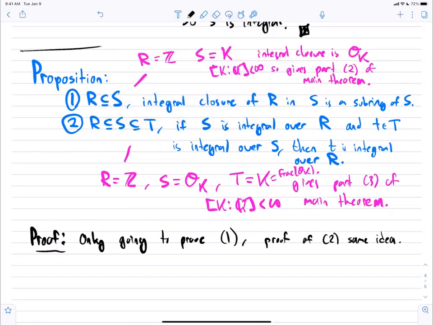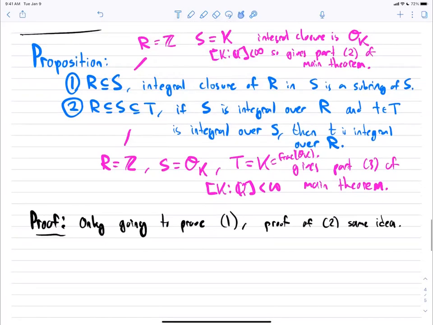Okay, and so in proving this theorem, the main idea is to prove it for a Noetherian ring first, and then realize that you only needed to prove it for a Noetherian ring. So let me prove it for a Noetherian ring.